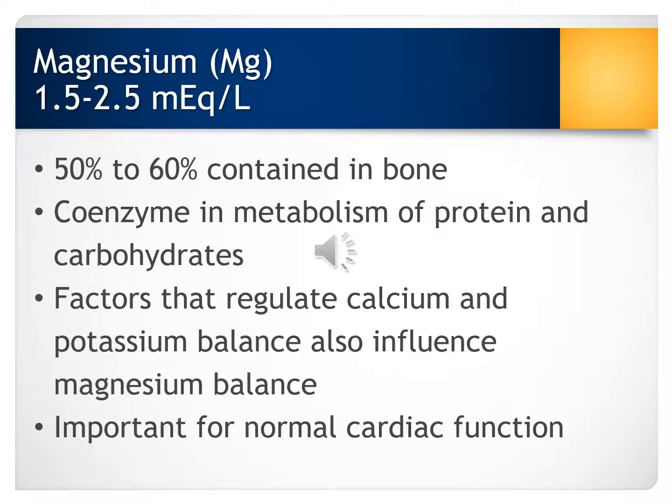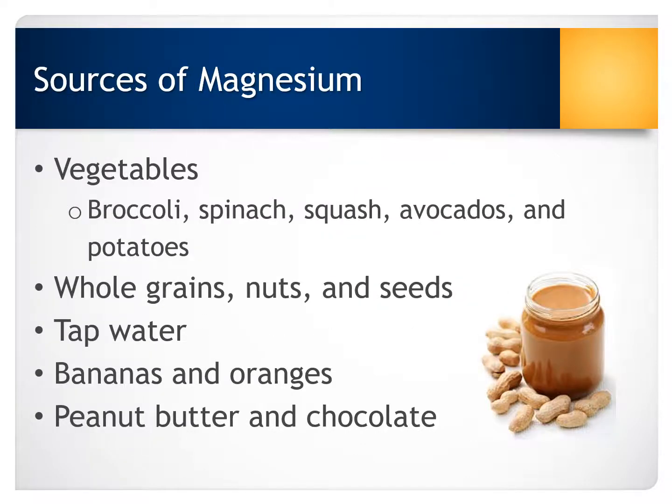So oftentimes when you're evaluating low potassium or high potassium, low calcium, high calcium, you'd want to be looking at your magnesium level as well, because typically it'll be having the same imbalance as those two. It is very important to monitor magnesium because it is also very influential in normal cardiac function.